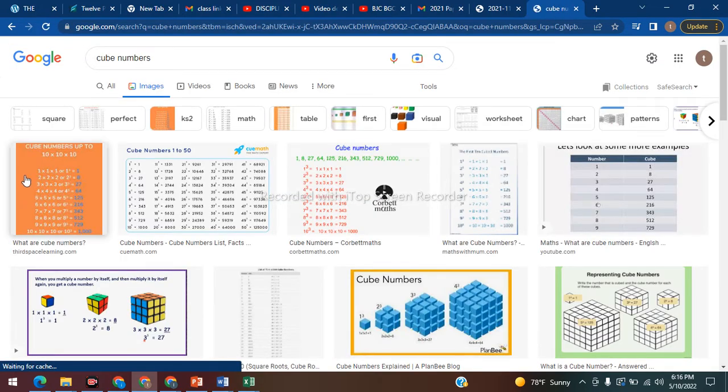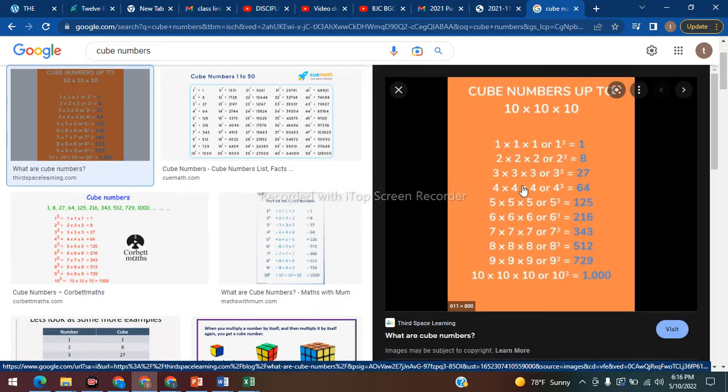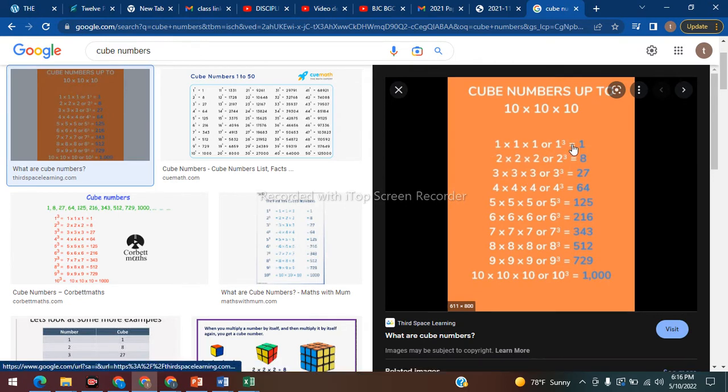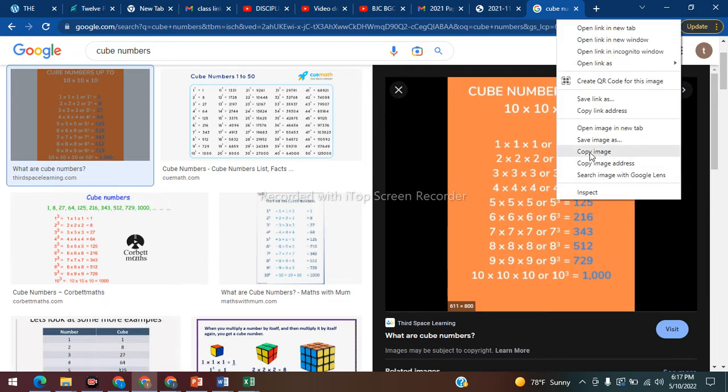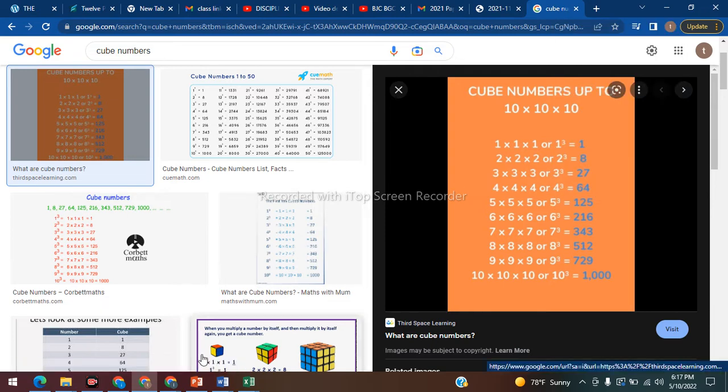Remember your cube numbers are these. 1 times 1 times 1 is 1. 2 times 2 times 2, so 2 to the third power is 8. 3 times 3 times 3, 27. 4 times 4 times 4, 64. 5 times 5 times 5, 125, and so on. These are the cube numbers.